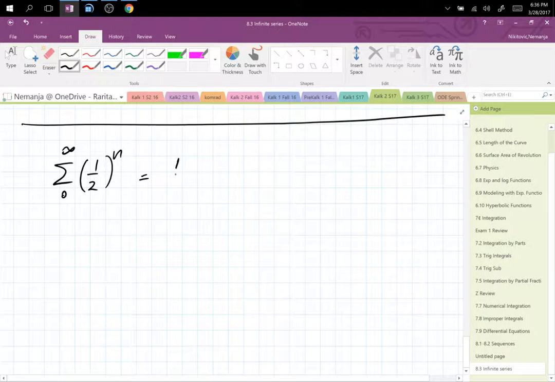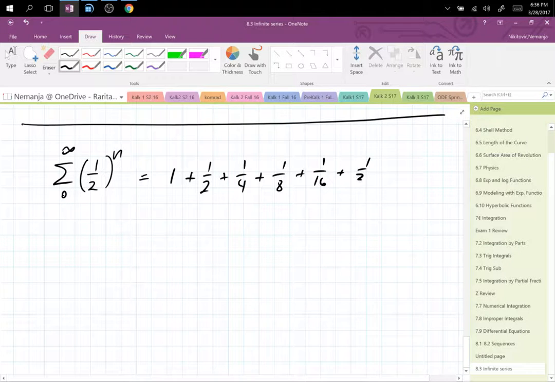It is 1. When you plug in 0, (1/2)^0 is 1. Plus, now n becomes 1, so it's 1/2, plus 1/4, plus 1/8, plus 1/16, plus 1/32, plus 1/64, plus, and it's going to go like that forever.